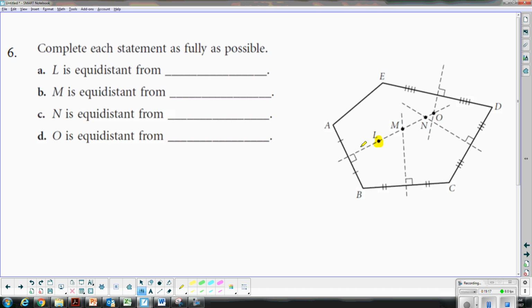So whatever segment that bisector bisects, the endpoints of that segment are equidistant from L. So since L is on a perpendicular bisector, it's equidistant from the segment that that bisector bisects. So L is on this perpendicular bisector, which bisects AB. So L is equidistant from A and B. Not segment AB, it's equidistant from point A and point B.